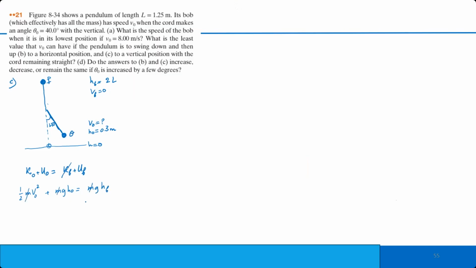The masses cancel out as before, and VO will be the radical of 2 times G times H final minus H initial. This is radical 2 times 9.8 times the final height, which is twice the length, 2 times 1.25, minus the initial height, 0.3. So I will solve for the speed. This will be 7.5 meters per second.